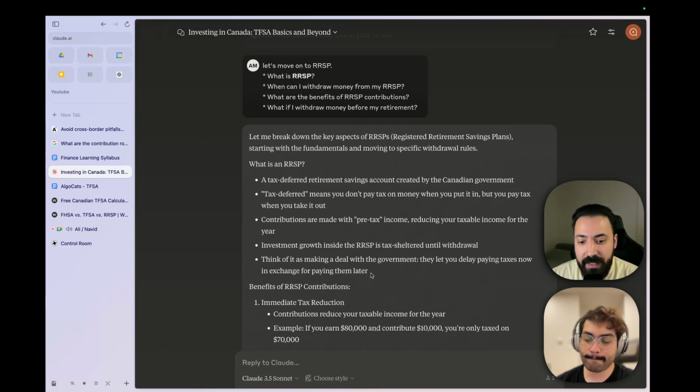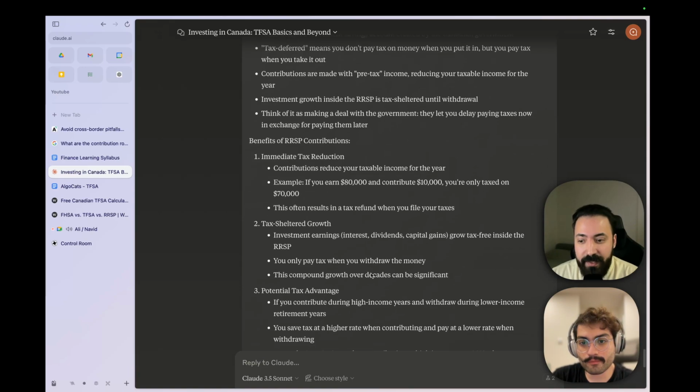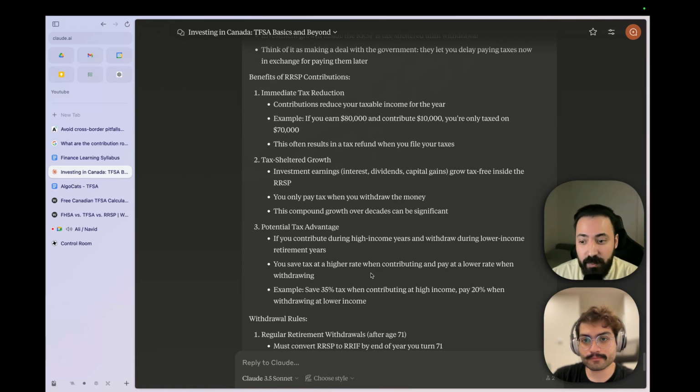Yeah, and the benefit here is that you might think, what's the benefit if I don't pay the tax right now and I pay tax when I want to take the money out? Basically, when you are taking the money out of your RRSP, you are retired, and as a retiree, you are paying less taxes compared to now.